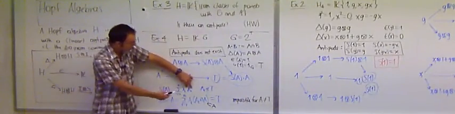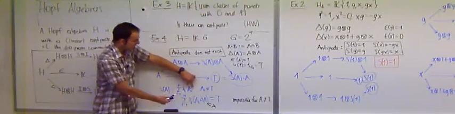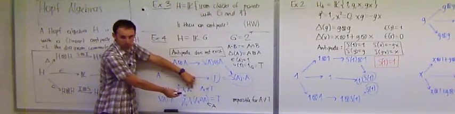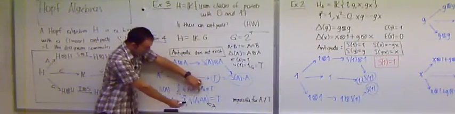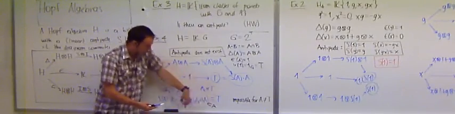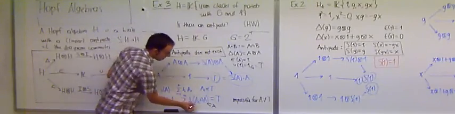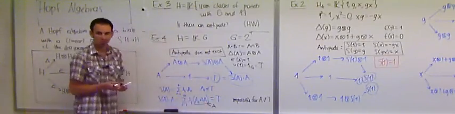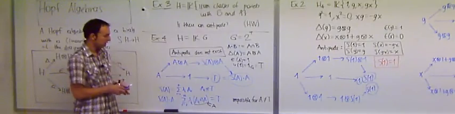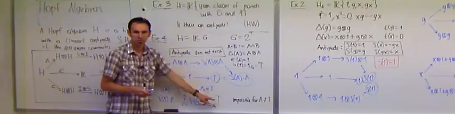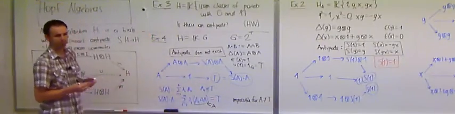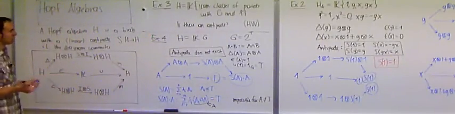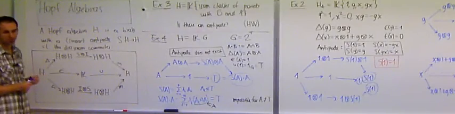When I multiply by A, what I have to do is multiply every one of these by A, in other words, intersect it. And so I get another linear combination of sets where the sets look like this. And so what I'm saying is that each one of these sets is a subset of A, and therefore none of them can be equal to T, which means that this equality cannot hold. And that shows that the antipode cannot exist.